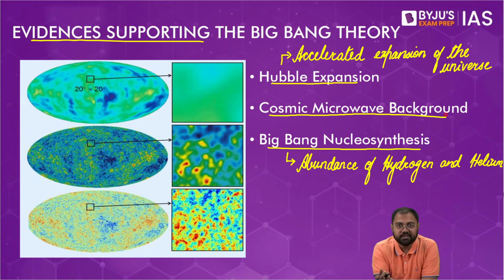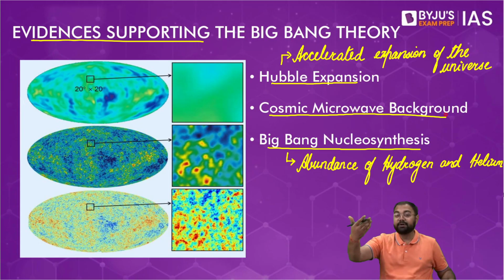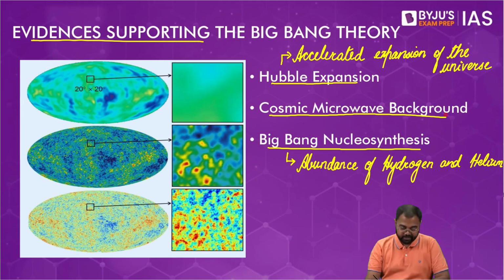It is related to heating, so this is a kind of electromagnetic radiation which is related to heat. So, cosmic microwave background, meaning that in the background, we are looking at cosmic microwaves, meaning microwaves which are in the space. That's why cosmic microwave background.